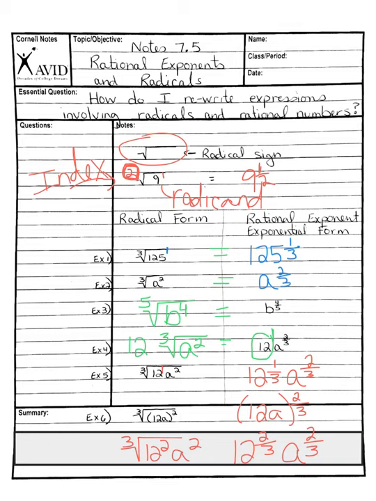Some of these we've got to ask ourselves the first question I would say is, what is the exponent? Is it to the power of 1, to the power of 2? And then we've got to make sure we look at the index. And remember, if our index is not written, it's going to mean that it is a 2. So up here, what we learned at the very beginning is if we just had the square root of 9, that index is a 2 if it is not written. That's it.